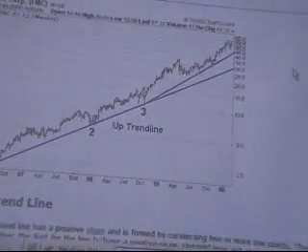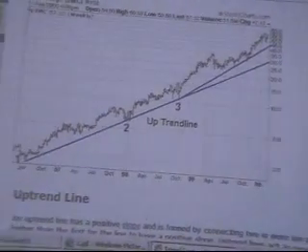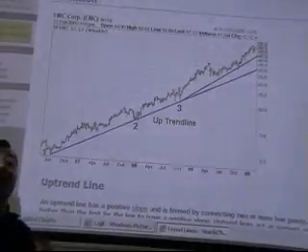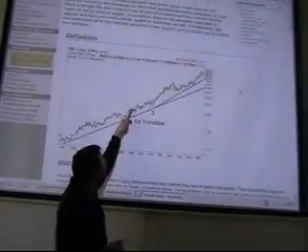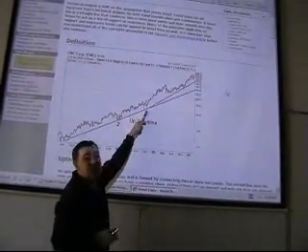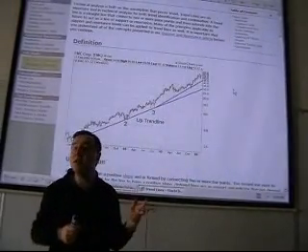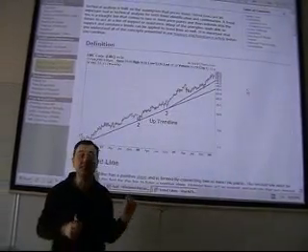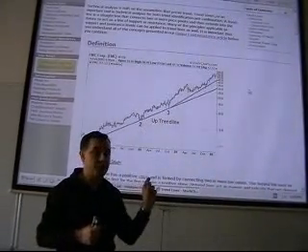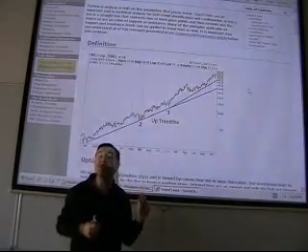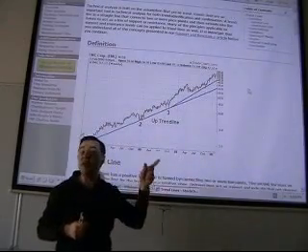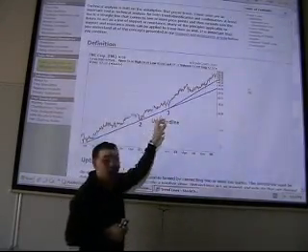So the uptrend is considered to be over, or what's called violated, only when the stock falls underneath in a meaningful manner. Meaningful manner means a couple of things. It means more than 2 or 3%. Some technicians demand at least 5% below the trend line.